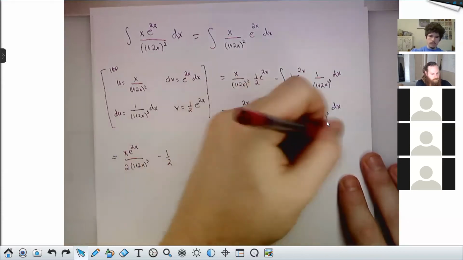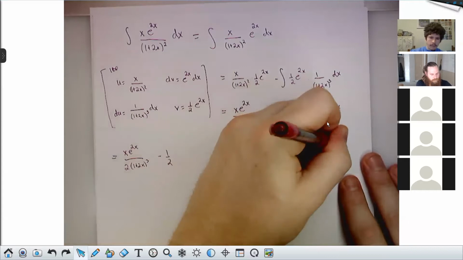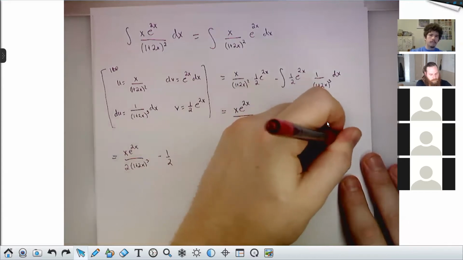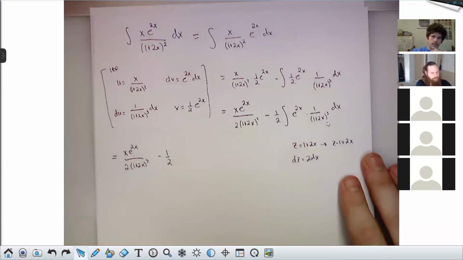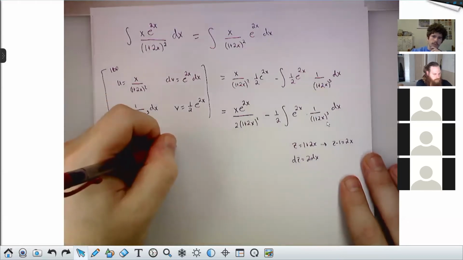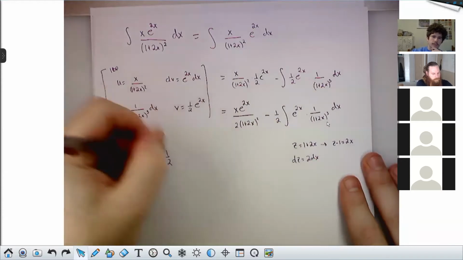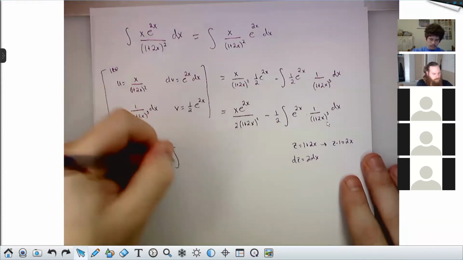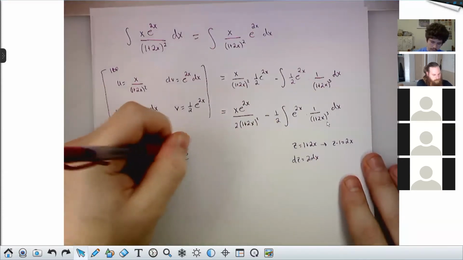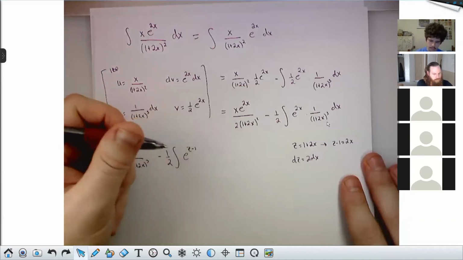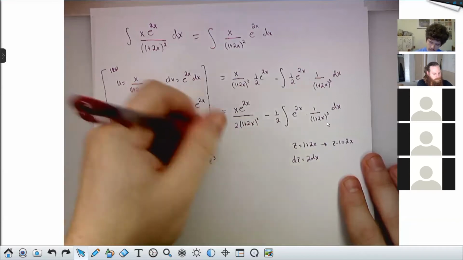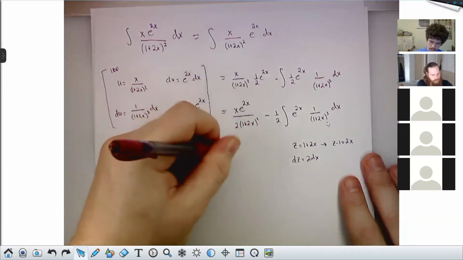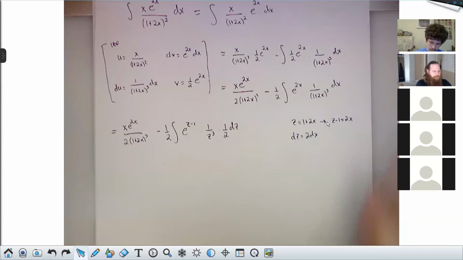We're also going to need the fact that z minus 1 is equal to 2x. So this will become e to the z minus 1. What are we going to have? 2 dx. We're going to get another 1/2 out. I'll have e to the z minus 1 times 1 over z cubed times 1/2 dz.